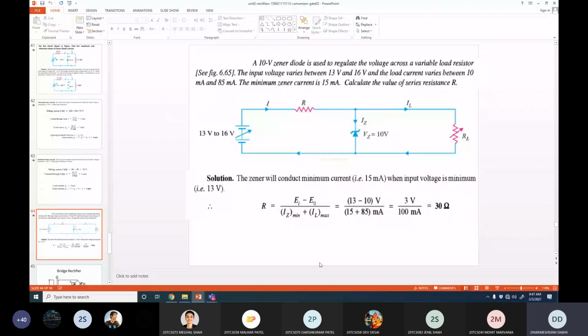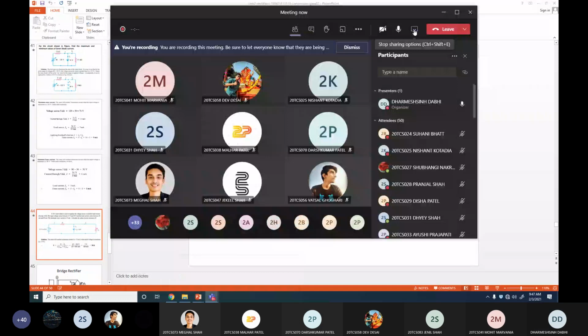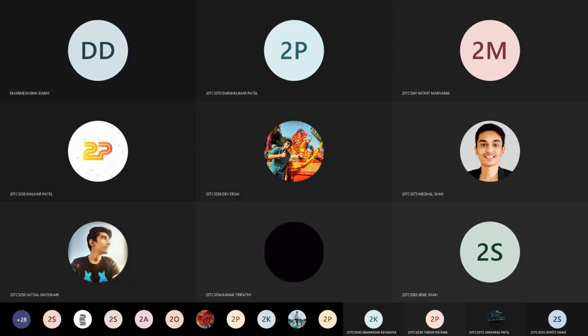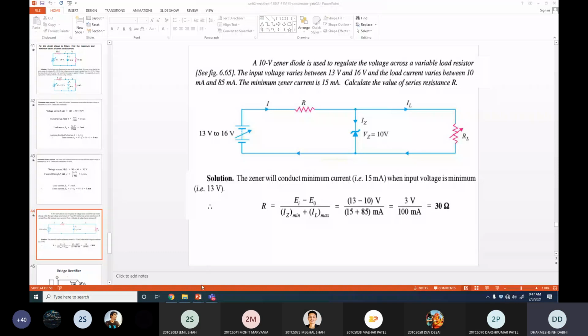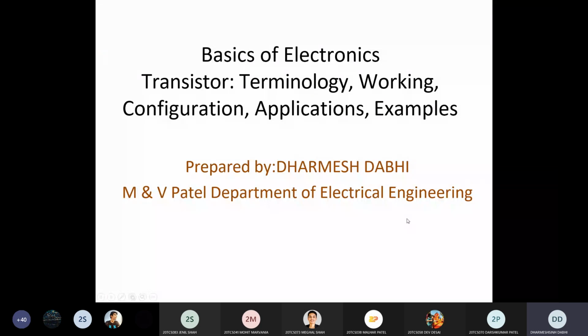So what do you know about the transistor? Can anyone explain what you know about the transistor? Any idea about the transistor? Sir, it is used to amplify frequency.